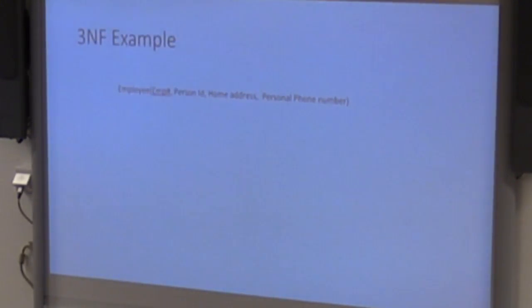So we have our key here, our employee. We have our person ID, which I think is called SSN, Social Security Number, on the other side of the pond. We have our home address and that personal phone number.